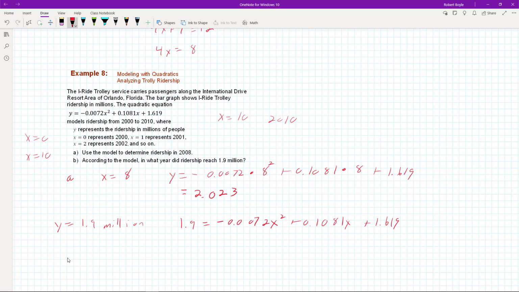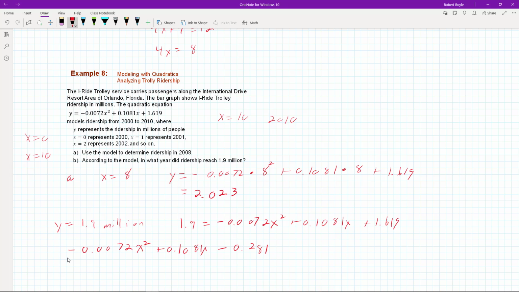Putting this in standard form, you are going to have negative 0.0072x squared plus 0.1081x minus 0.281.